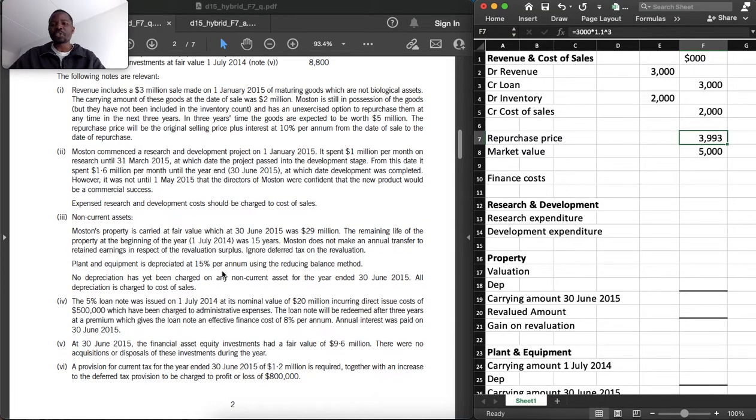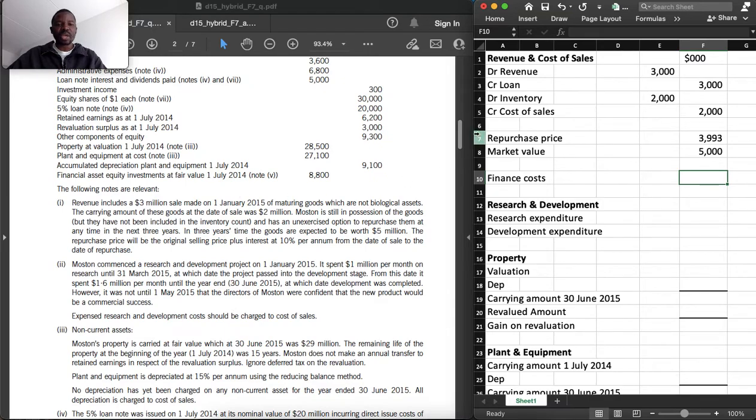Let's go to note number 2. Before we go to note number 2, as we said, we are recognizing a loan. We are recognizing it at what? At 10%, as this interest will be paid at 10%. So the loan will simply say the loan is for 3,000 multiplied by 10%.